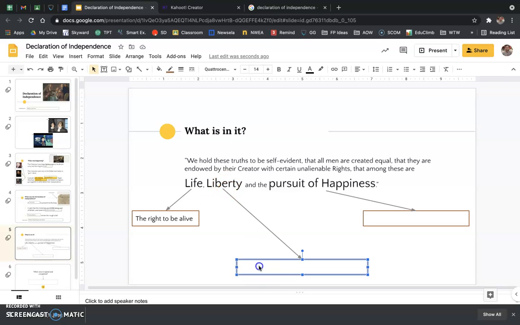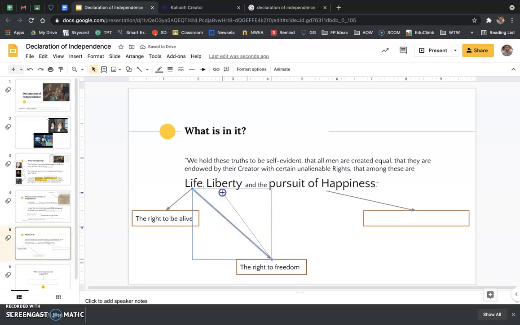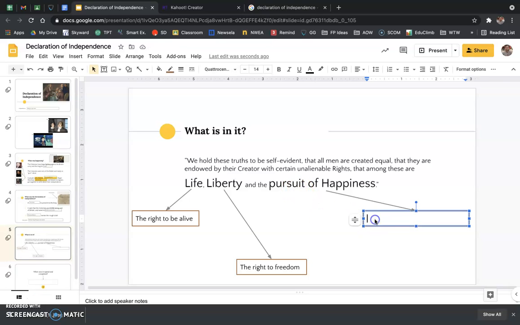Liberty is the right to freedom. Okay, so the right to freedom, just to be able to make your own choices in life. That way you don't have to do anything that anybody tells you to do. You can do the things that you want. And then last, the pursuit of happiness, there's a couple different ways that we could say this.